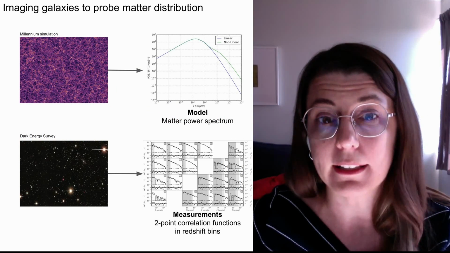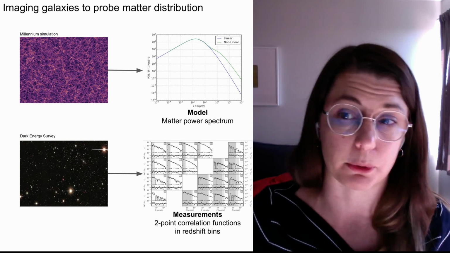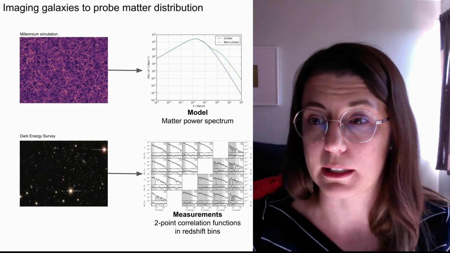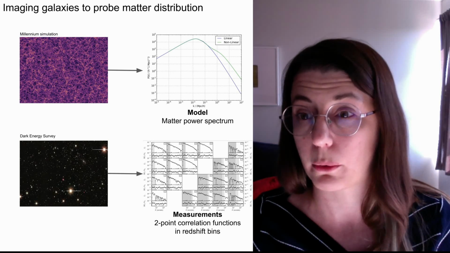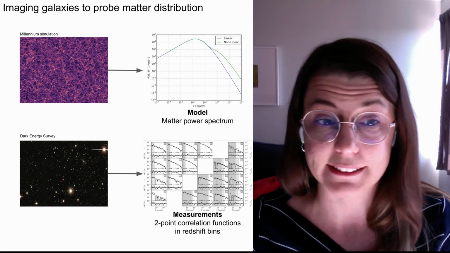Yeah, we work with a galaxy survey because while our models, whether we're working from simulations or Boltzmann code or your favorite modeling method, can predict the evolution of structure for the total matter, namely the dark matter, we don't see that, we see galaxies.